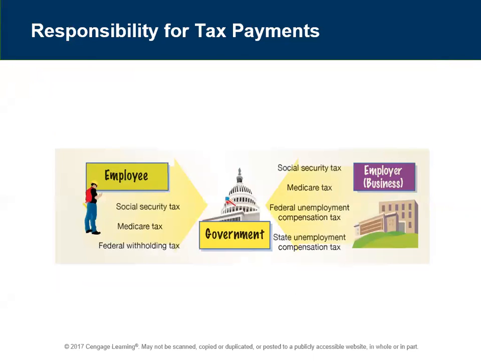So this little chart just breaks down the difference between what we withhold on the employee side and the employer side. Again, for the employee, from a government standpoint, we withhold Social Security, Medicare, and federal tax. And then the employer is also paying Social Security, Medicare, and then federal and state unemployment.